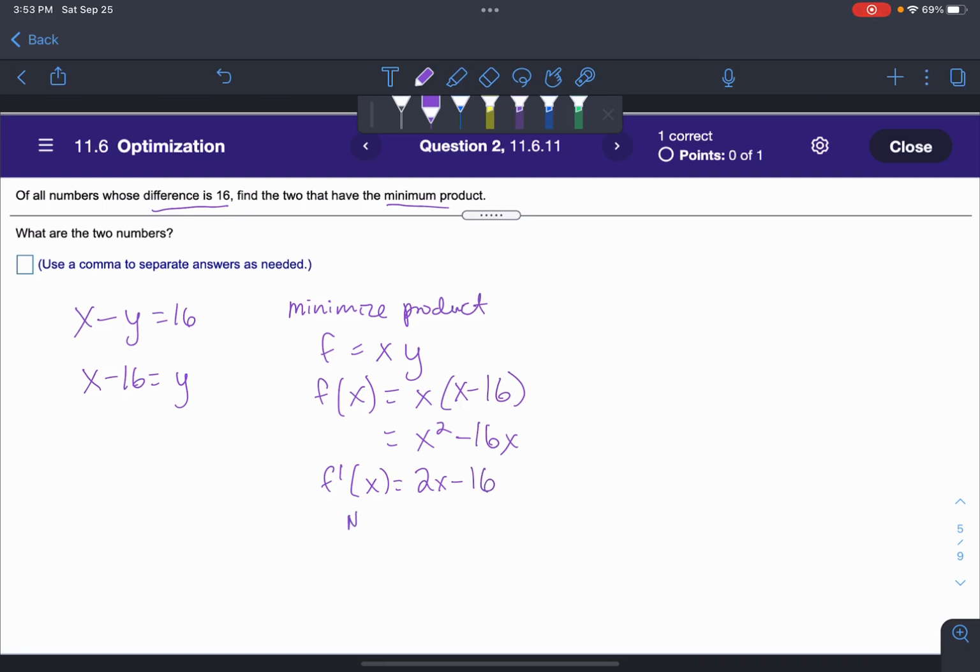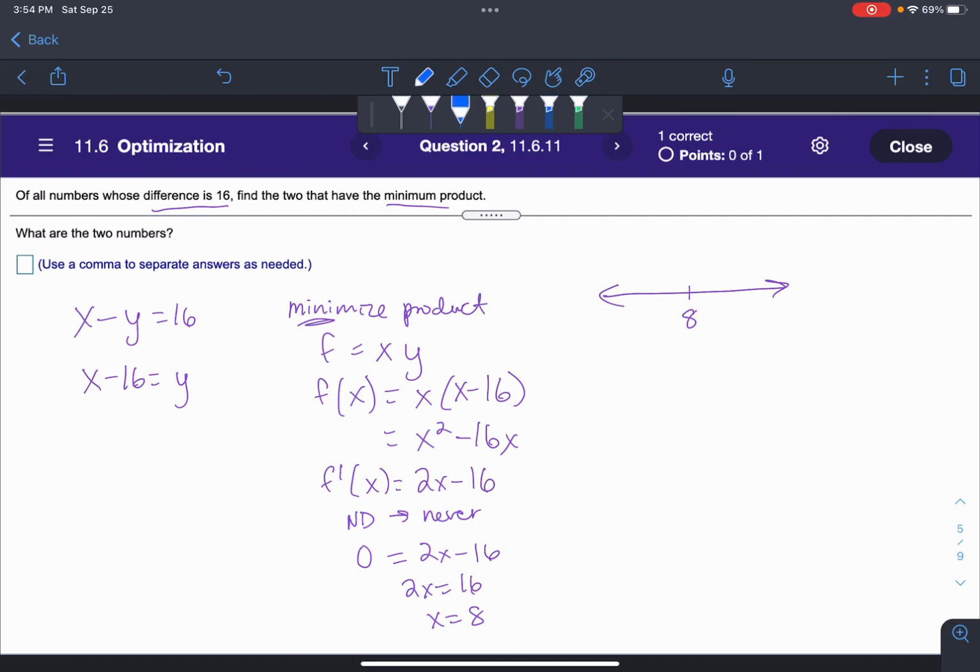So again, now we want critical points, so not defined or 0. Again, this is a line, so we won't have any points where my derivative is not defined. But we can solve for where my derivative is 0, so that's where 2x is equal to 16, or x equals 8. And so now we have to check that 8 is a minimum, right? We want a minimum.